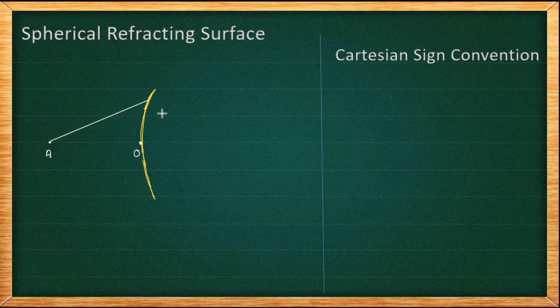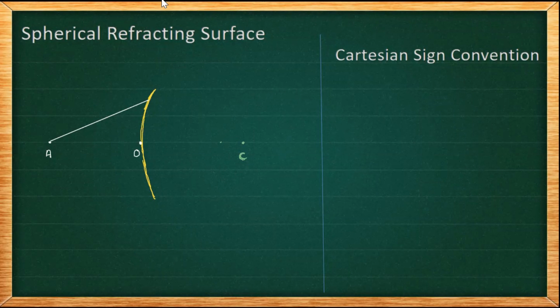Now following the law of reflection, how do we do that? Say for example, the center of curvature is here.